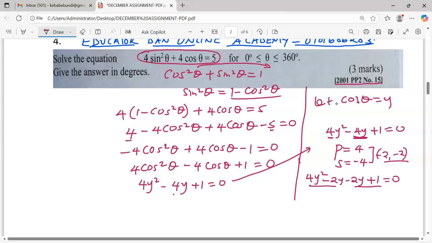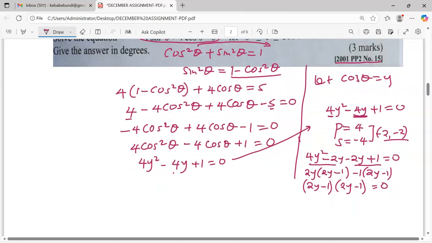Between 4y squared and minus 2y, 2y is common, giving 2y minus 1. Then we come to minus 2y plus 1. 2y minus 1 is common. Then we place negative 1 outside, such that we are going to have 2y minus 1 into 2y minus 1, and this one will be equated to 0.